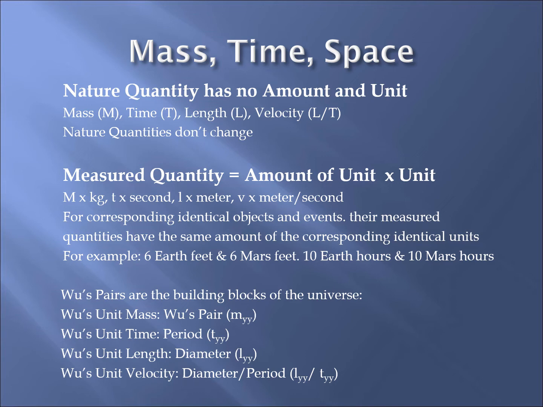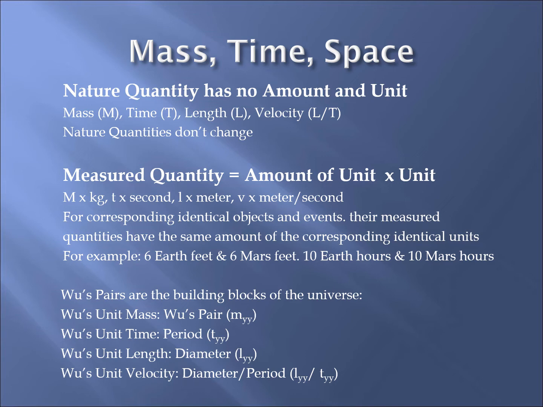For corresponding identical objects and events, their measured quantities have the same amount of the corresponding identical units. For example, 6 Earth feet and 6 Mars feet, they both have amount 6. 10 Earth hours and 10 Mars hours, they both have amount 10. Since Woods pairs are the building blocks of the universe, they can be used as the basic units.